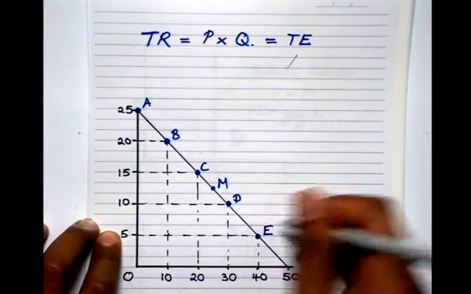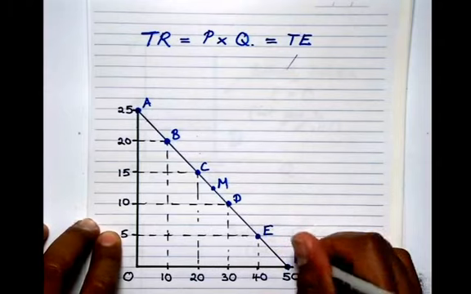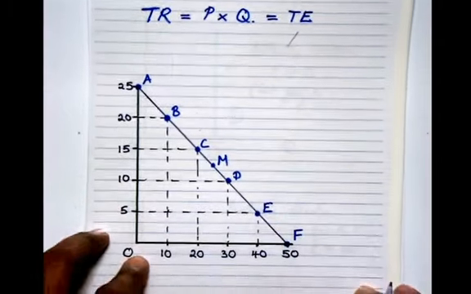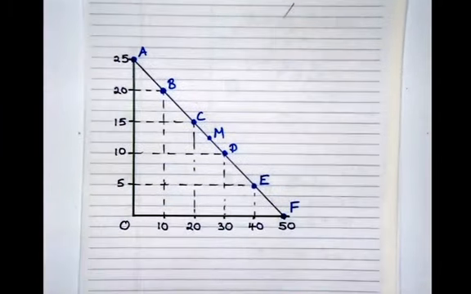Can you calculate the total revenue? Same letters as before. What is the total revenue at each of these points?